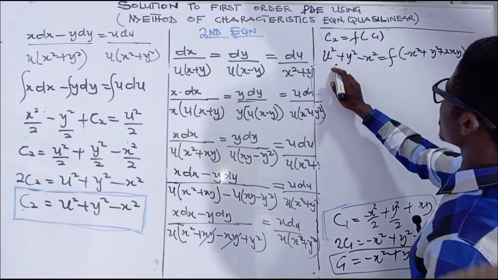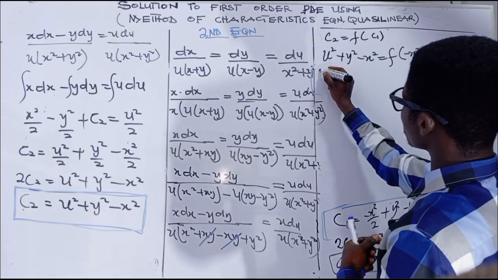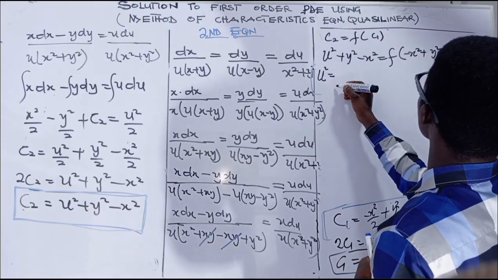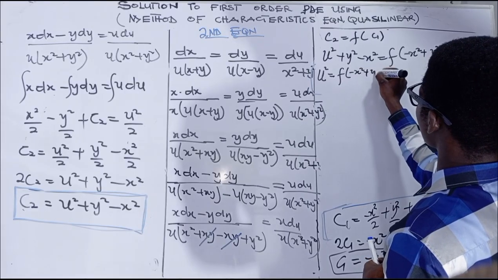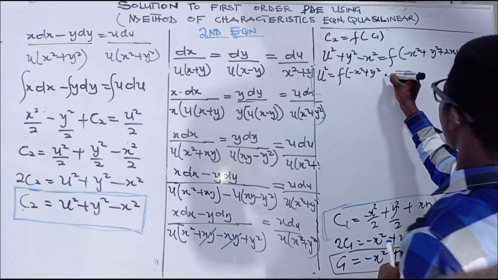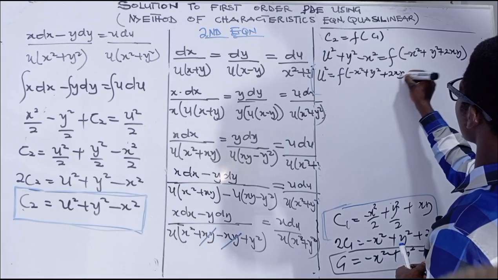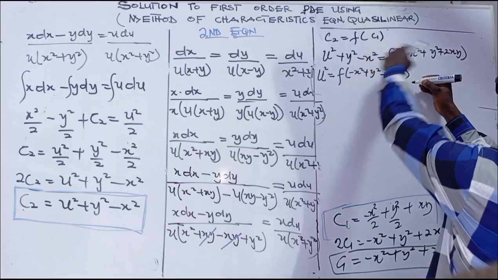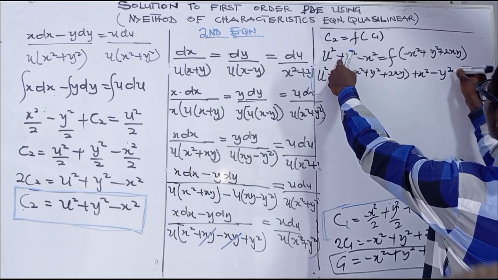So from here, let's make u the subject. So we have our u squared is equal to a function of minus x squared plus y squared plus 2xy. Then we send this to the right hand side. We have x squared, and then we have minus y squared.